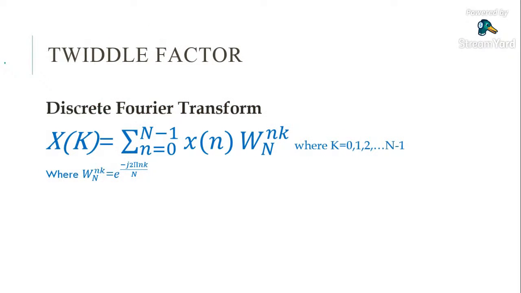Now the next point of discussion is the twiddle factor. So what do you mean by twiddle factor? In the discrete Fourier transform formula, suppose x of n is the input sequence, a discrete-time sequence. Then the DFT is represented as x of k is equal to summation n from 0 to N minus 1 of x of n W raised to nk with base N, where W_N raised to nk is e raised to minus j 2 pi nk divided by N. So this W_N is called the twiddle factor.